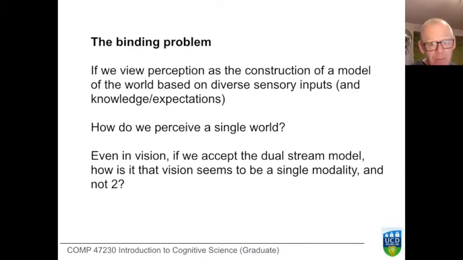Now, there have been very many solutions proposed to this of different kinds, some rejecting the constructive representational framework, some trying to modify it and appeal to things such as long-range synchronization across neurons. We won't go into that, but you can see how any framing of perception runs into problems.